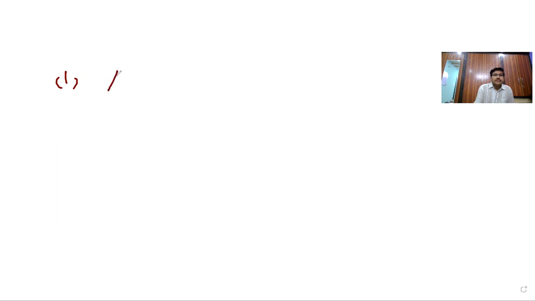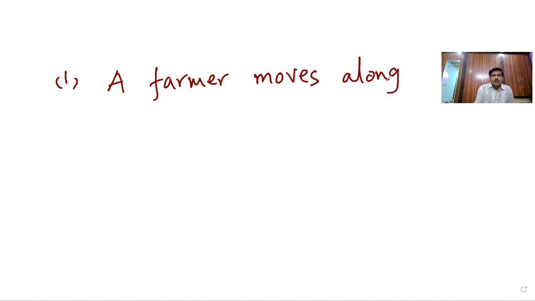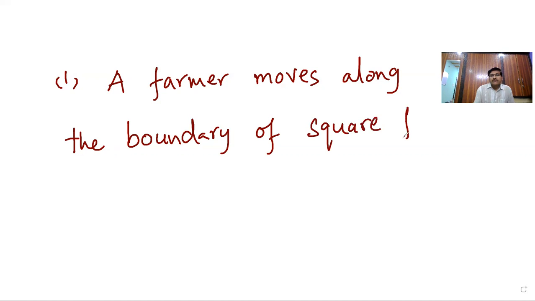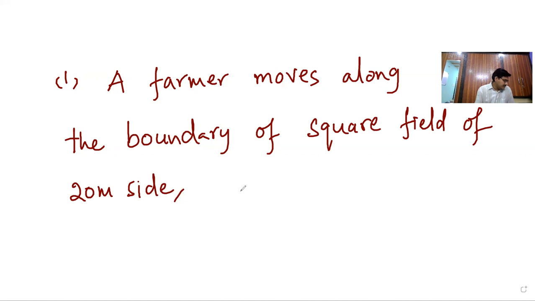A farmer moves along the boundary of a square field of 20 meters side in 40 seconds.